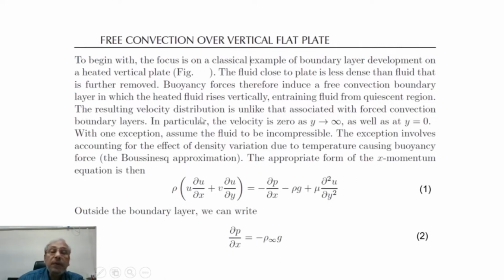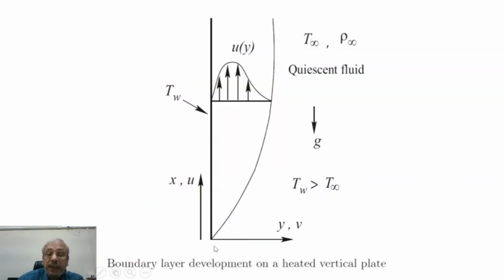The resulting velocity distribution is unlike that associated with forced convection boundary layers. In particular, the velocity is zero as y tends to infinity, as well as at y equal to 0. So here the y coordinate has to be seen.